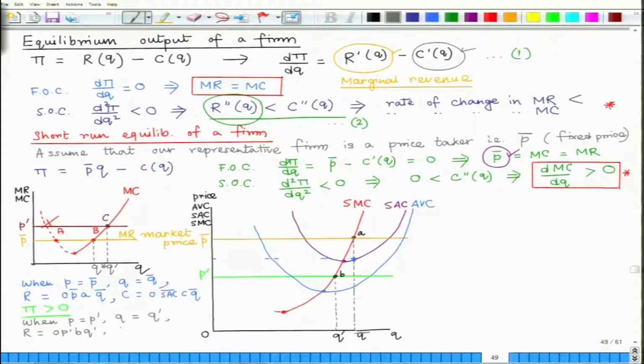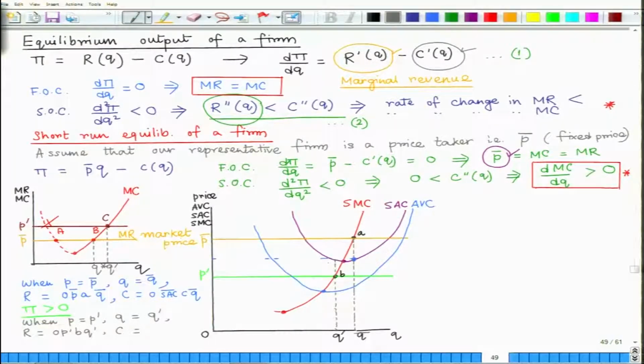Now what about the cost? So we will adopt the same trick. So we have to now go to my short run average cost curve and read the number from that curve, which will give me the unit cost of production at that level of output.